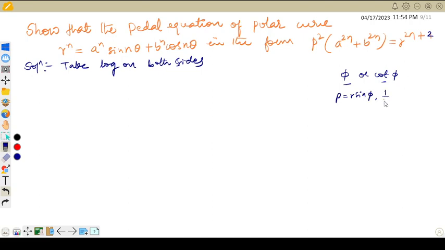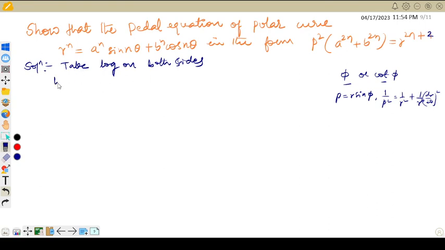Otherwise, we can use 1 by p square is equal to 1 by r square plus 1 by r raised to 4 into dr by d theta whole square. Okay. Then we are going to eliminate theta from the given equation and this equation. That is the pedal equation.